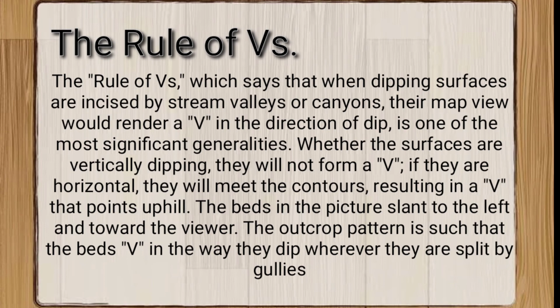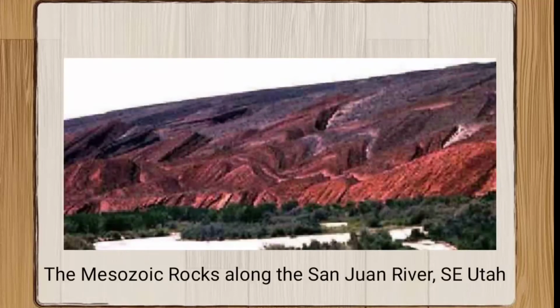The beds in the picture slant to the left and toward the viewer. The outcrop pattern is such that the beds V in the way they dip wherever they are split by gullies. This is an example of the outcrop pattern, the rule of V's, in the Mesozoic rocks along the San Juan River, southeast Utah.